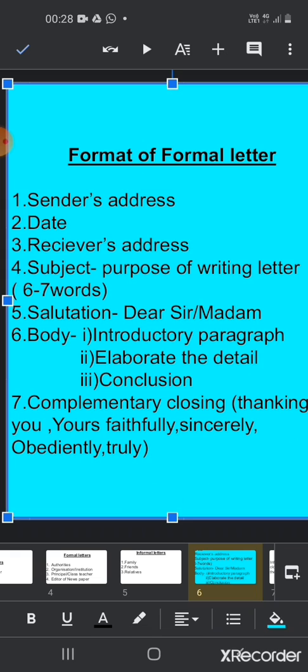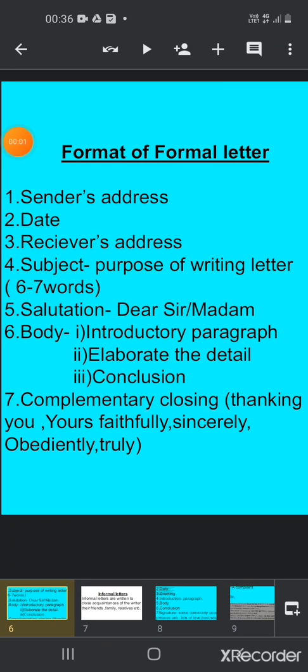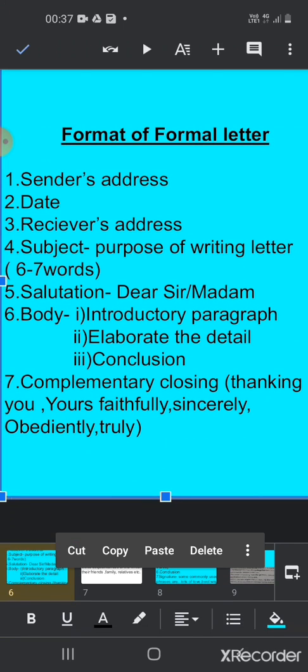Third is conclusion. Next step is complementary closing. When we end the letter, we can write thanking you, yours faithfully, sincerely, obediently, truly. Children, remember, when we write yours, don't put an apostrophe in yours. Simply write yours faithfully.